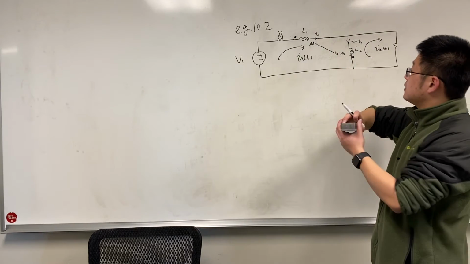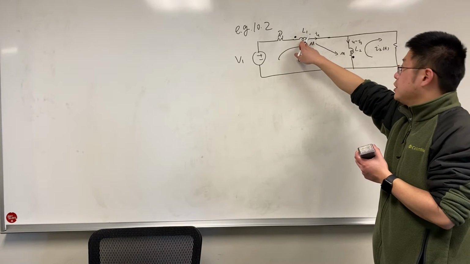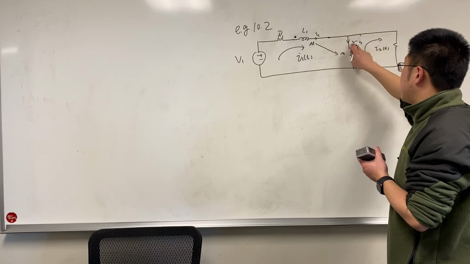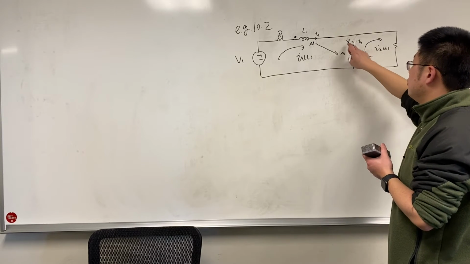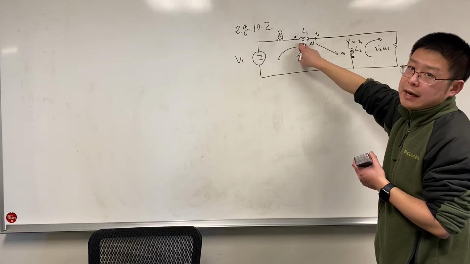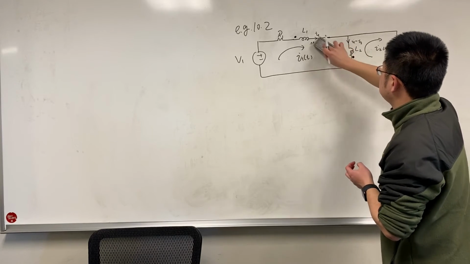So this current I1 flowing through L1 will generate a voltage on L2. And also this current I1 minus I2 flowing through L2 will generate a voltage on L1. So let's write the generated voltage.